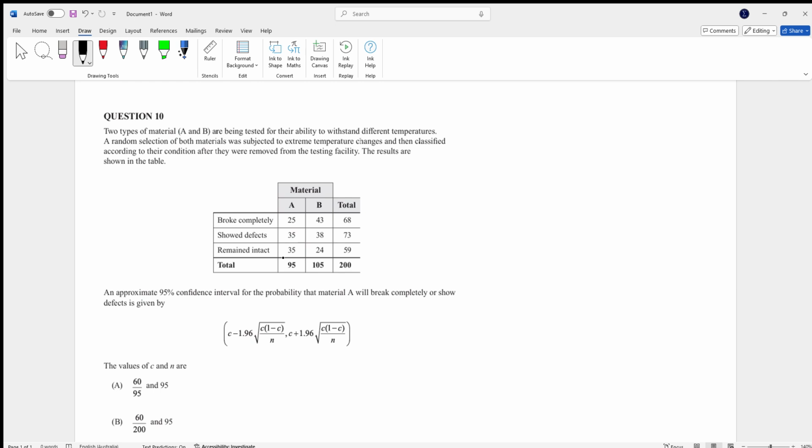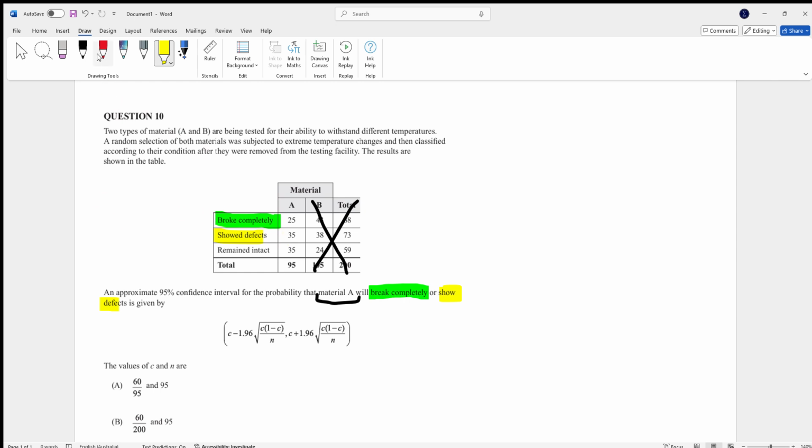They haven't mentioned material B at all, so this is not relevant. Even though that is a part of the table, it's not relevant because they've just said material A. And then they've said will completely break, so that one's what we're looking at. Or show defects, so show defects being that one there. So we're just looking at those two.